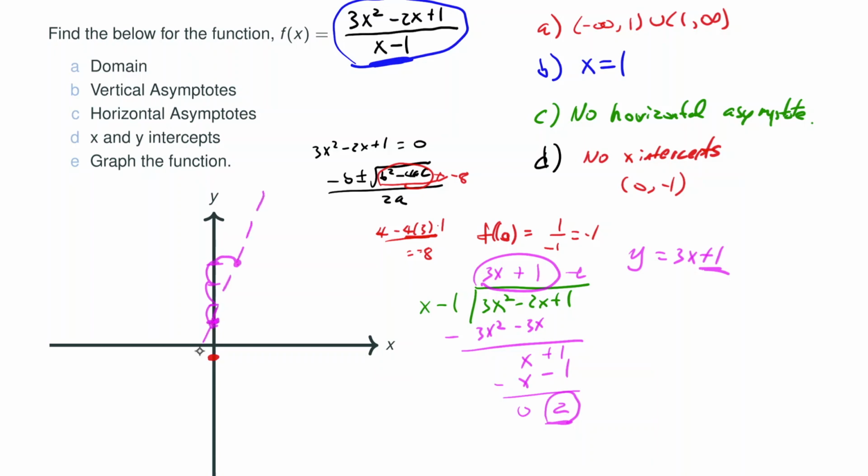It's not part of the graph, but we need to have it drawn so that we will know the shape of the graph. Let's also sketch the vertical asymptote, which is x equals 1, somewhere right here. Like this.